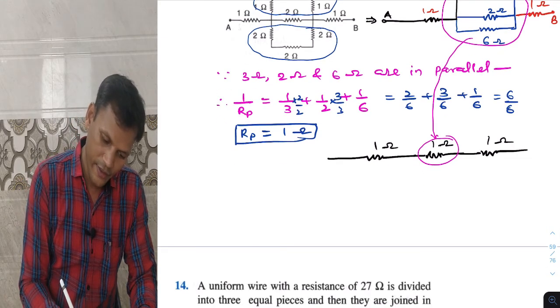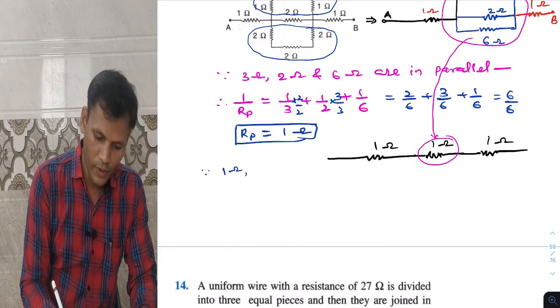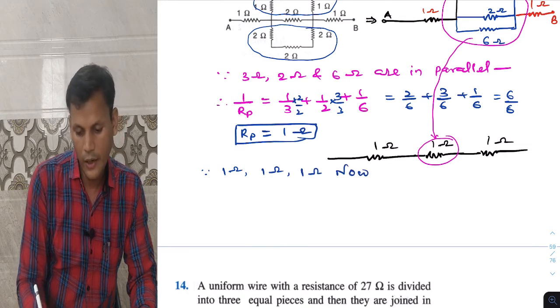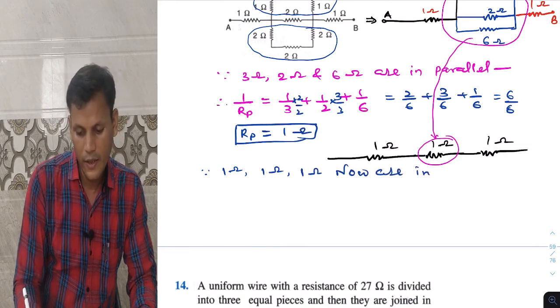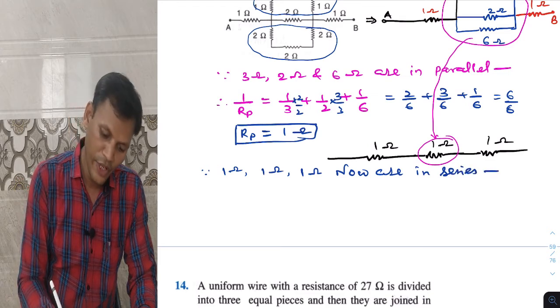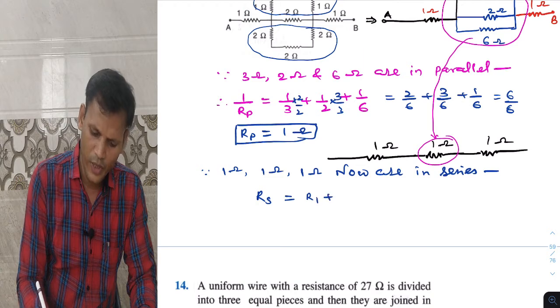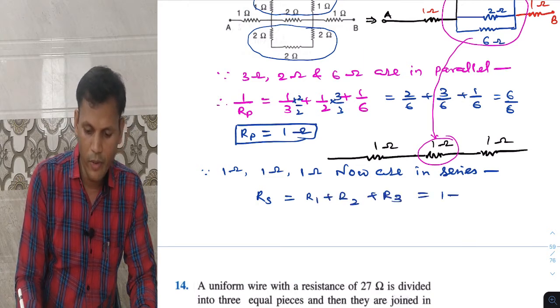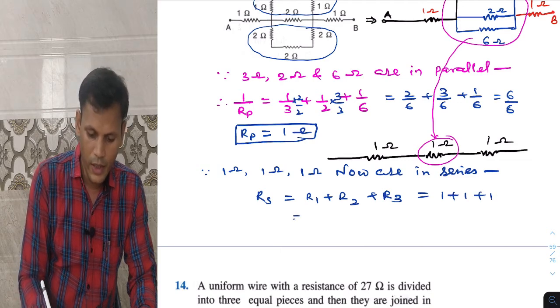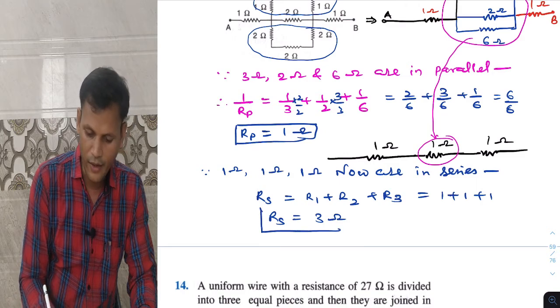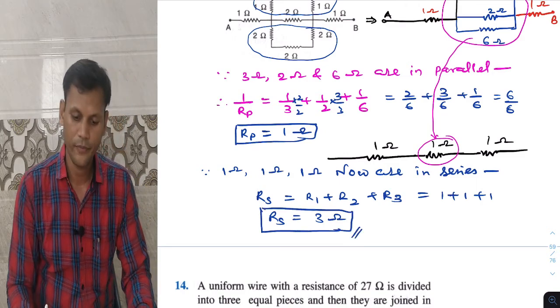So since 1 ohm and 1 ohm now are in series, and we know the formula Rs is equals to R1 plus R2 plus R3. So it will be 1 plus 1 plus 1, that will be 3 ohm. So net resistance of this circuit diagram is 3 ohm.